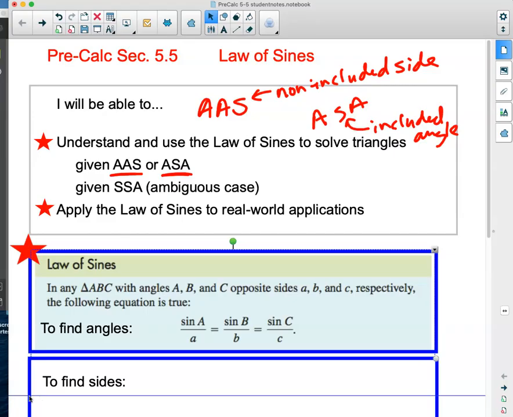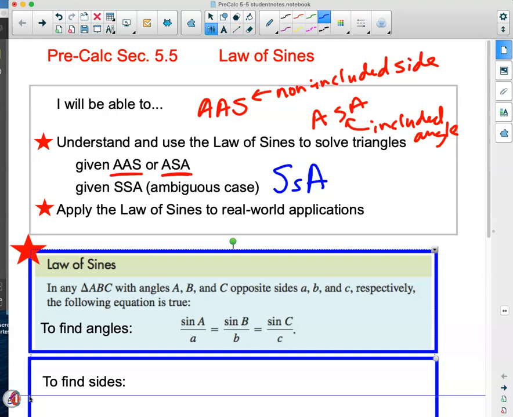Geometry books within the last 10, 12 years or so have cut this one out, because, like it says, it is the ambiguous case. It was always difficult for students to understand at the geometry level, but it really should be written like this: capital S, lowercase s, and then a capital A.